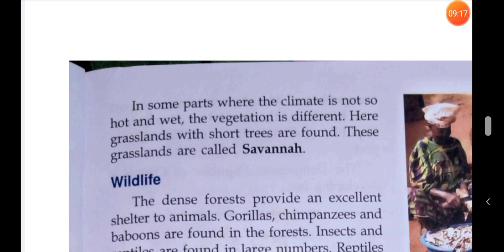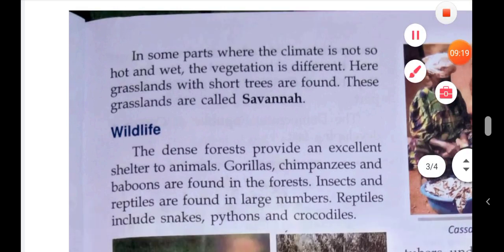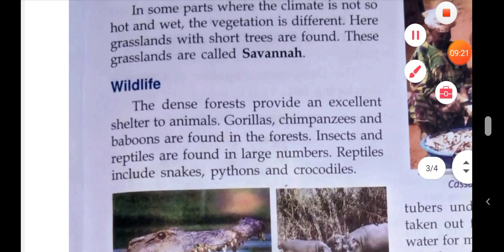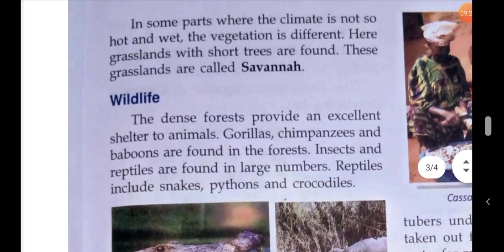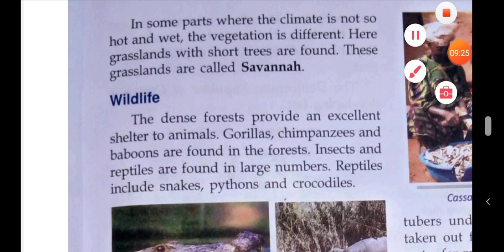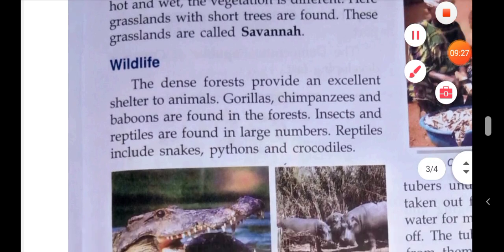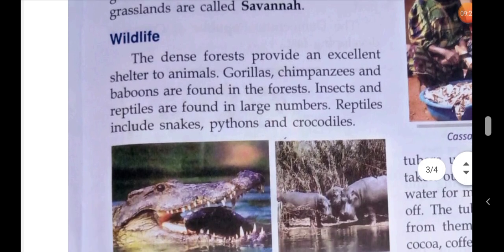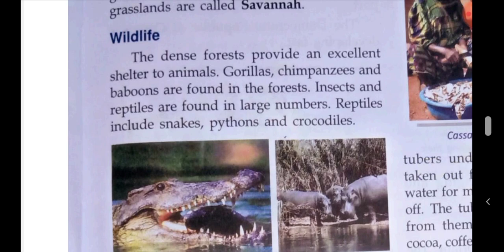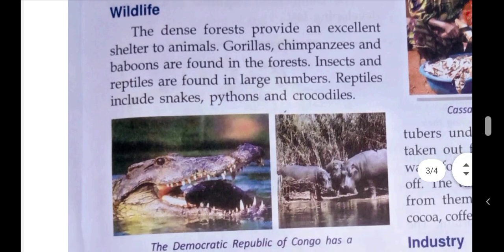Now we will learn something about the wildlife of this country. The dense forest provides an excellent shelter to animals. Gorillas, chimpanzees and baboons are found in the forest. Insects and reptiles are found in large numbers. Reptiles include snakes, pythons and crocodiles.